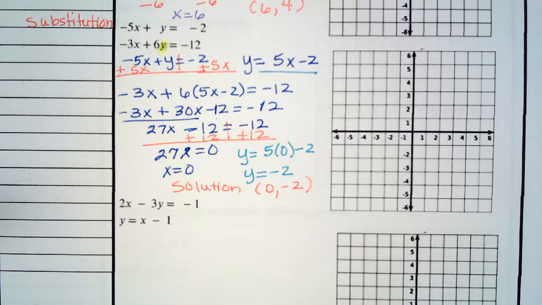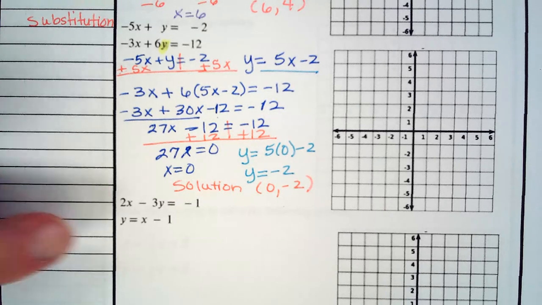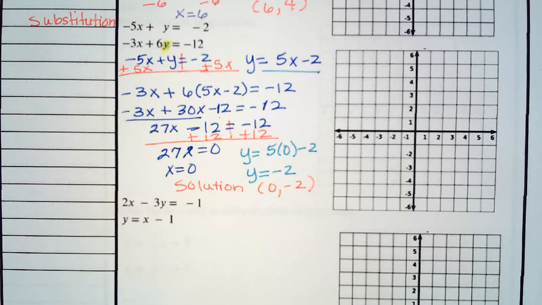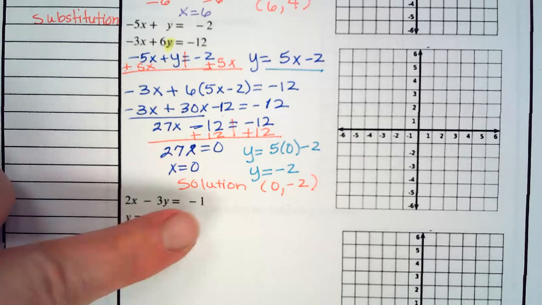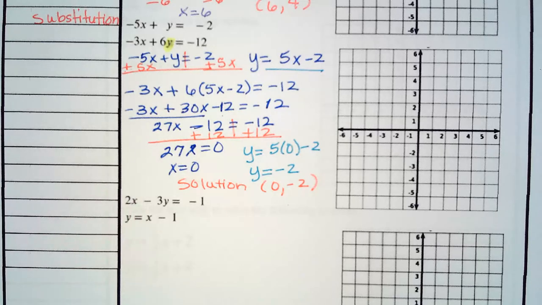Okay, for the last one, it can either be done graphically if I solve the first one for y, or I can do it with substitution. Substitution is probably the most accurate because we might or might not get a whole number here to be able to start on, because we would have to divide negative 1 by negative 3 to get our b value, or our beginning value.